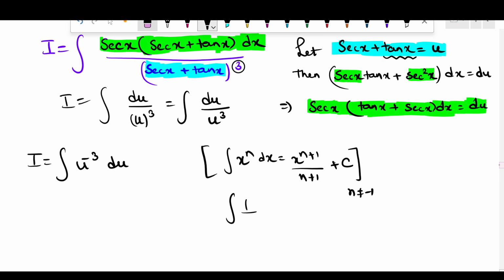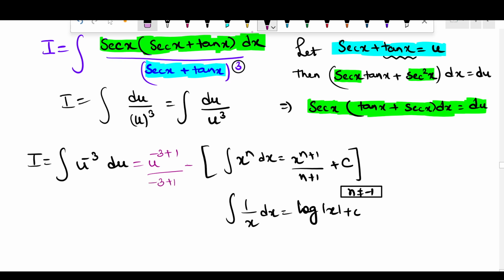Because if n is equal to minus 1, then we have this formula, log mod x plus c, right? So this will be equal to u to the power minus 3 plus 1 by minus 3 plus 1 plus c.